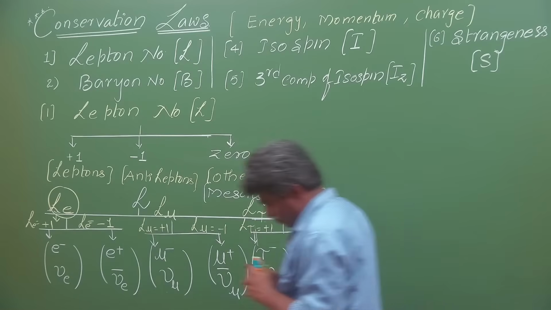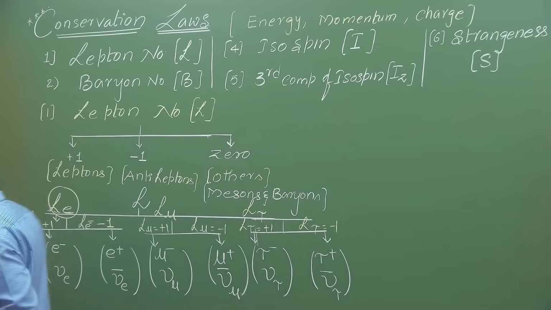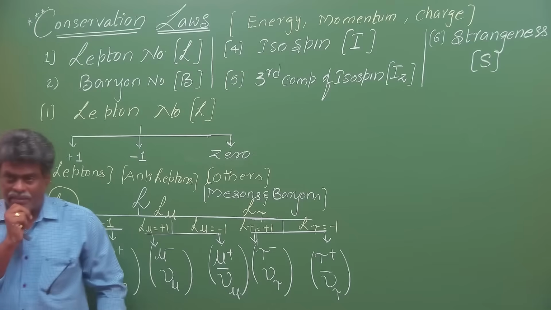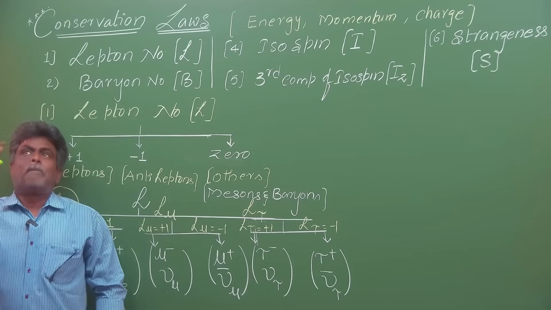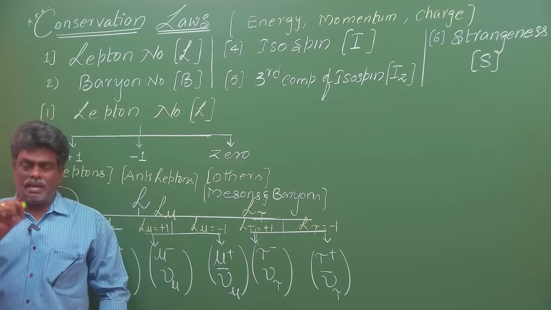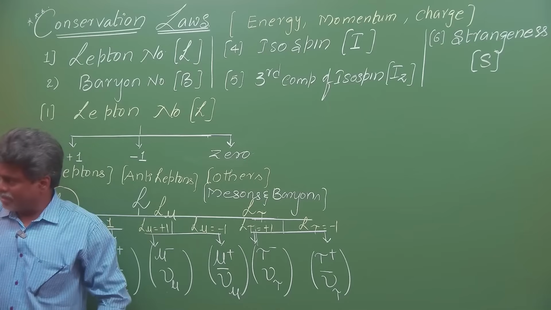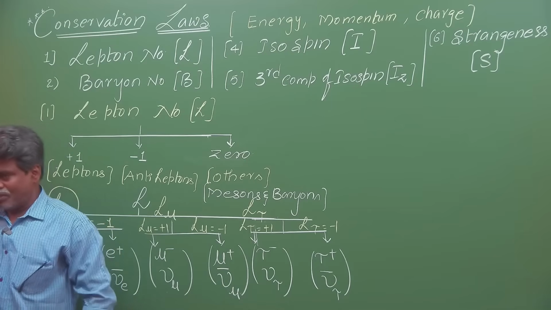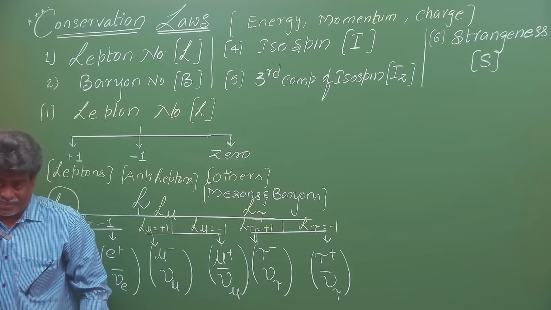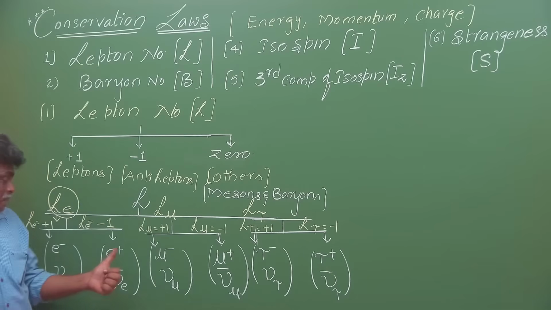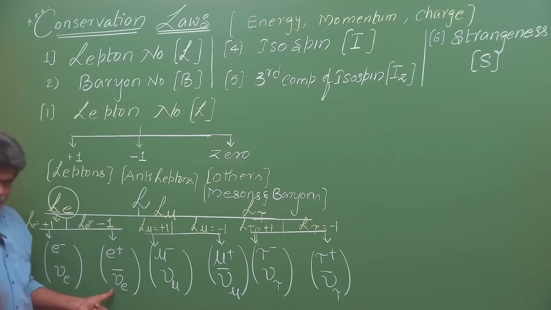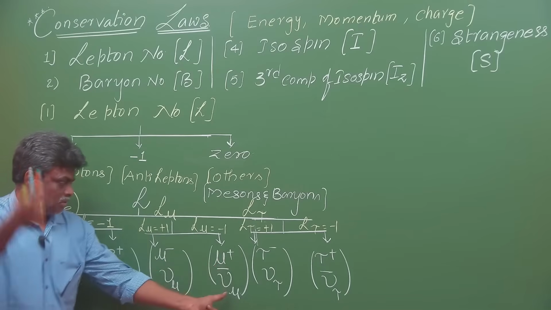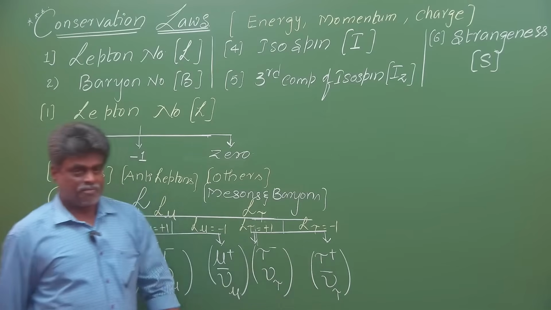And the next important thing, you know what leptons are already. Leptons means particles: e minus, nu e, mu minus, nu mu, tau minus, nu tau. These are all particles. The corresponding antiparticles are e plus, nu e bar, mu plus, nu mu bar, tau plus, nu tau bar.